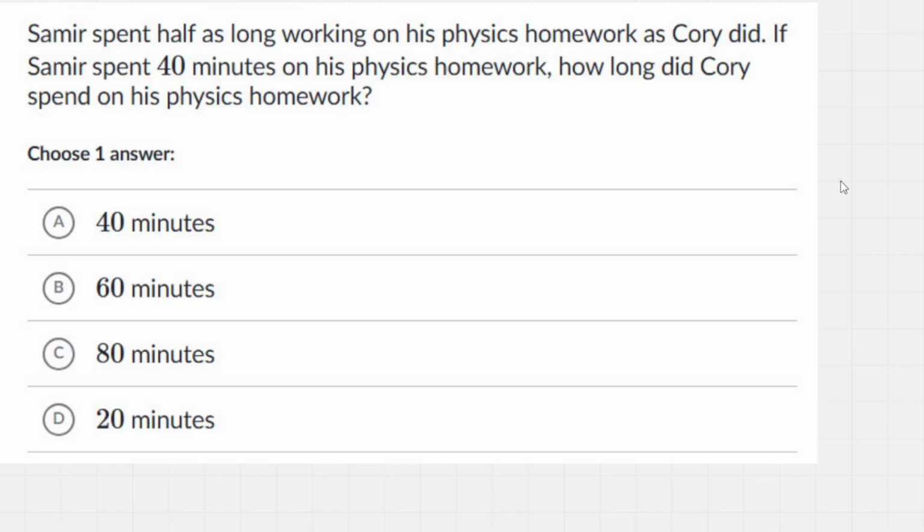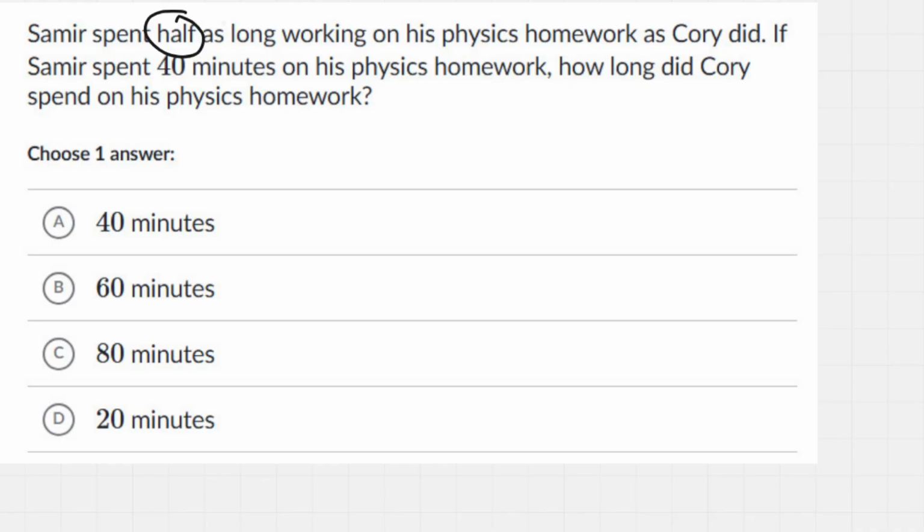Here, what I'm going to say is Samir spent half as long working on his physics homework. This is the tricky part to a lot of people because they're looking for the numbers, they're looking for values, but here they are giving you the value. When they say the word half, I'm going to change colors here. When they're giving you the word half, that just means 1 divided by 2.